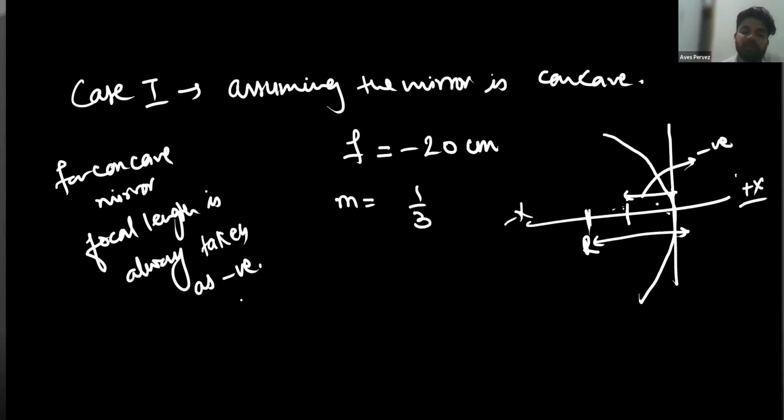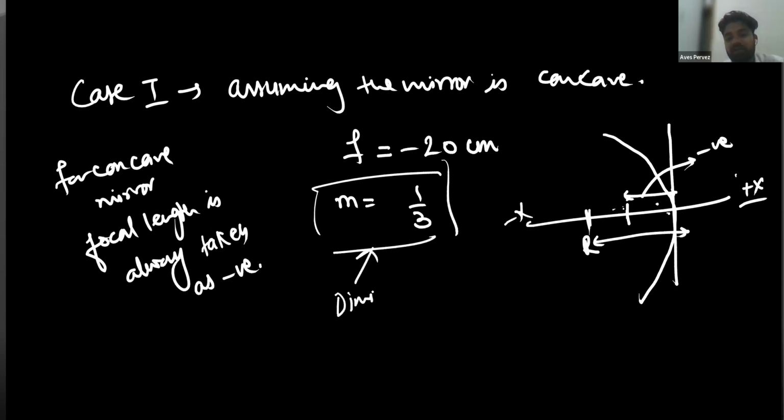Real image, yes, because m is less than 1, indicating a diminished image, and a diminished image can be only real. If it were forming a virtual image, then the image would be enlarged, so that cannot be.